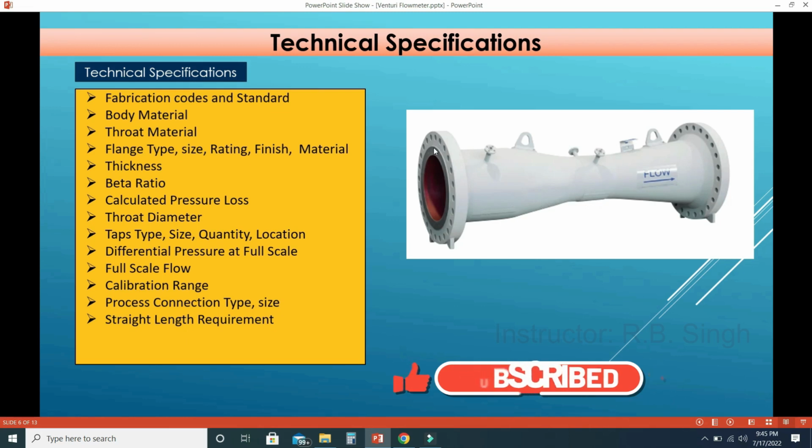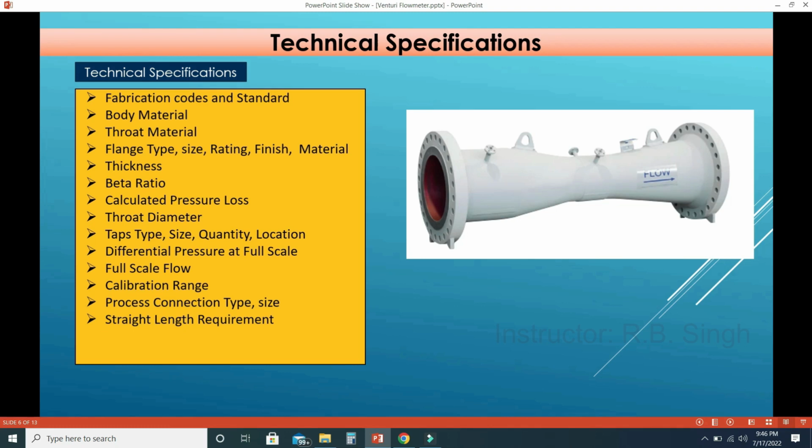Then flange type, size, and rating. Type and size will be as per the PMS only. Normally we consider raised face flanges, and if the piping uses different types like FF flange or RTJ flange, then we have to consider that.